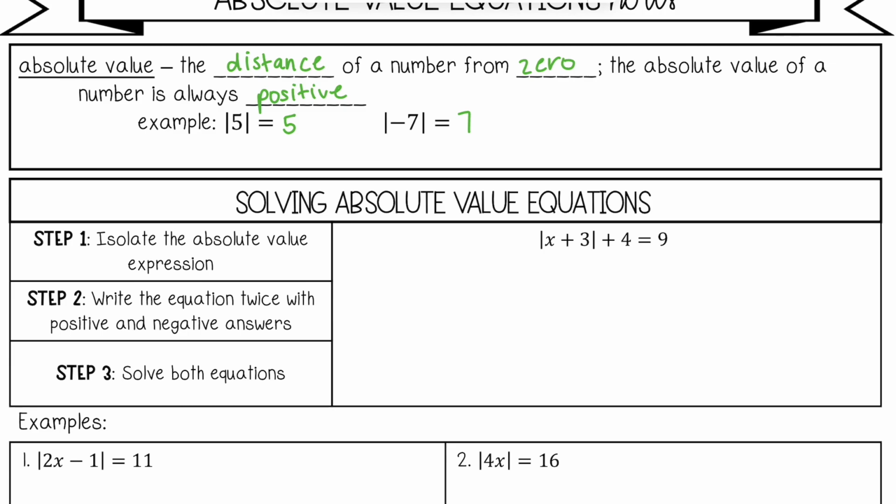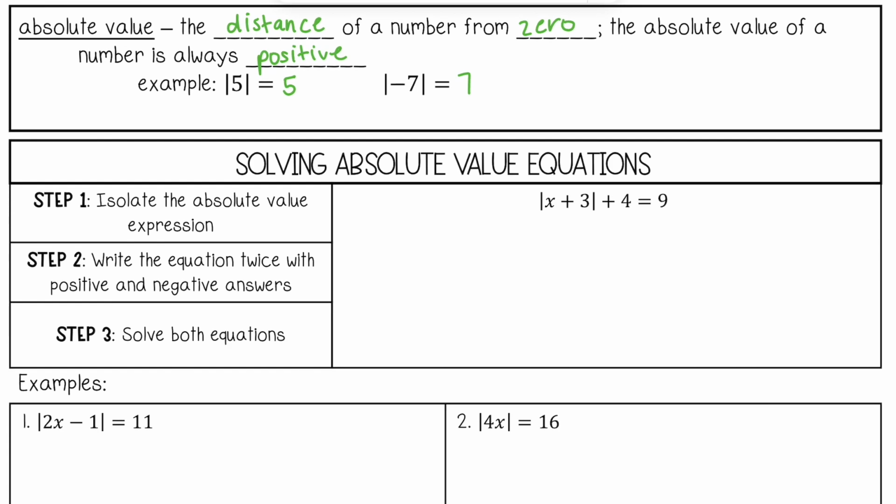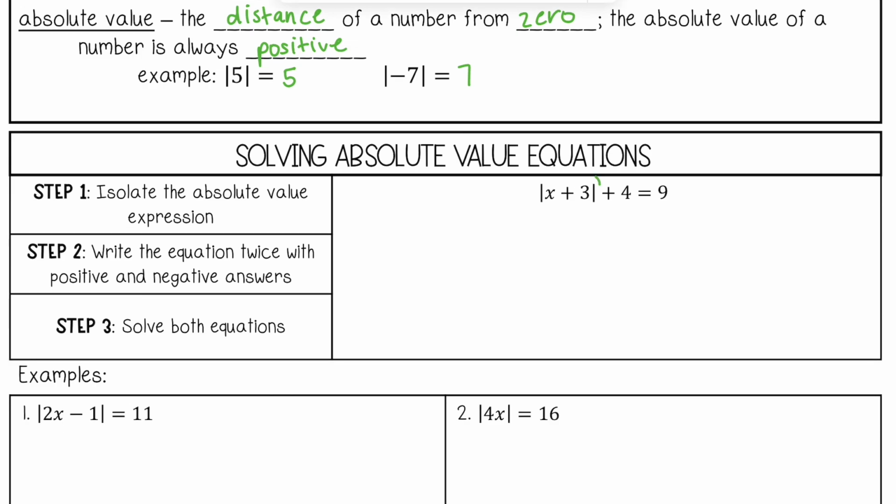So in order to solve an absolute value equation, like the one below, there are 3 steps. The first step is to isolate the absolute value expression, which would be this expression. And isolate just means get it by itself on one side without anything else being on that side of the equal sign. So the first thing we want to do is move the +4 to the other side of the equal sign.